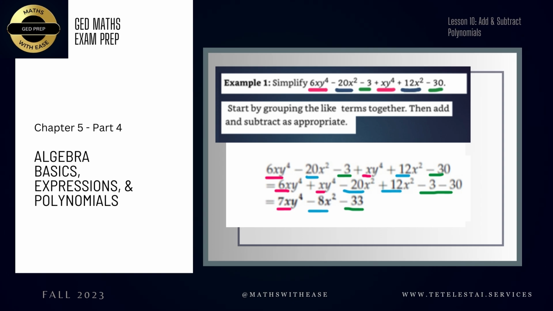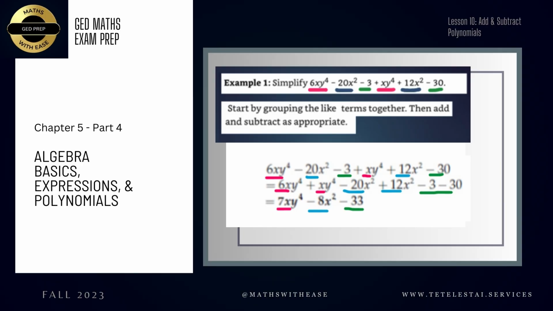So in this example, we're being asked to simplify 6xy^4 - 20x^2 - 3 + xy^4 + 12x^2 - 30. So again, you want to start by grouping your like terms, and then you want to add and subtract as appropriate.